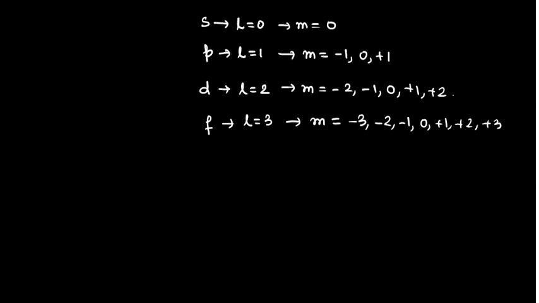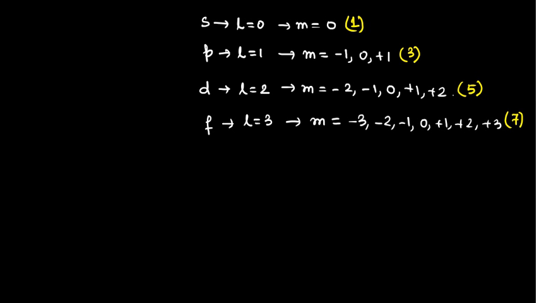So for the S subshell, there is only one possible value of m, so there is only one orientation. For the P subshell, there are 3 possible values of m, so there are 3 orientations. For the D subshell, there are 5 values of m, so 5 orientations. For the F subshell, there are 7 values of m, so 7 orientations.